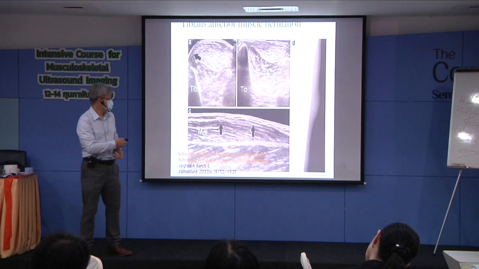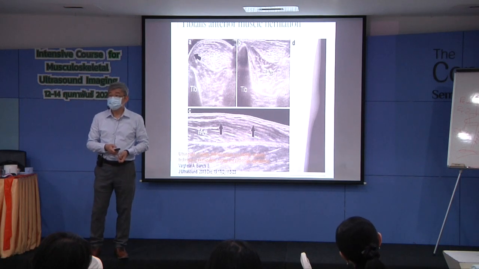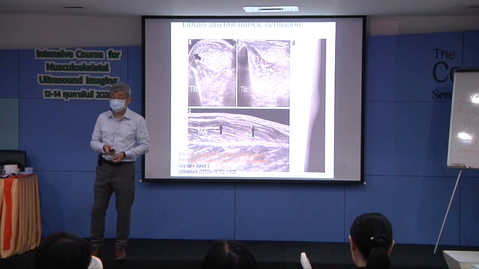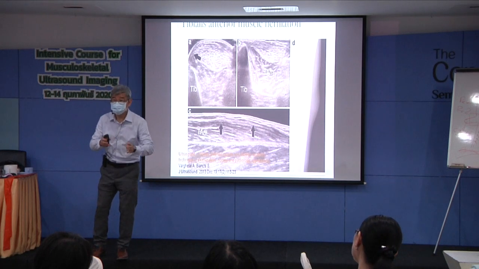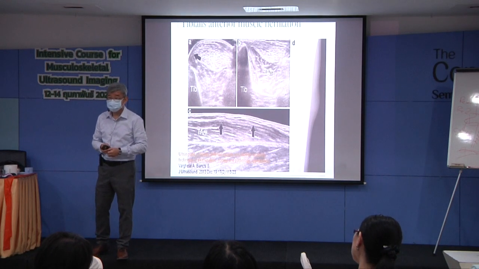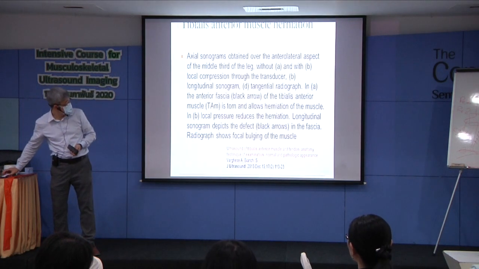But surgical repair outcome is not always good. So compression, wearing a very tight garment, is probably one of the solutions for the time being. Yes, yes. Especially for the football player. Okay.